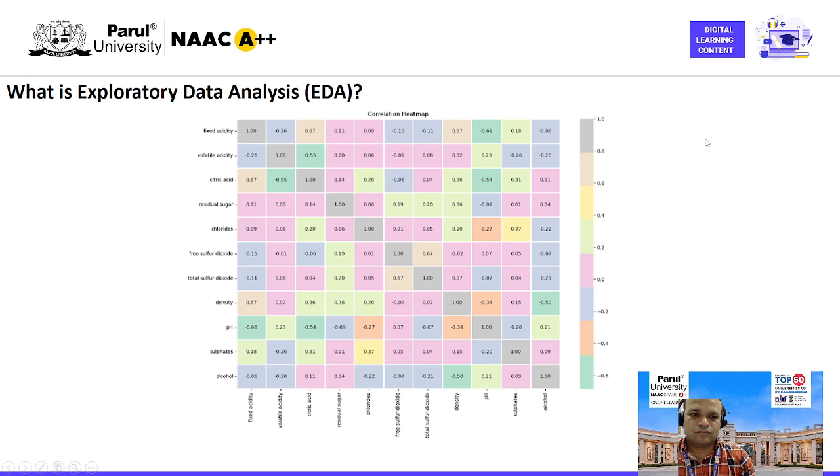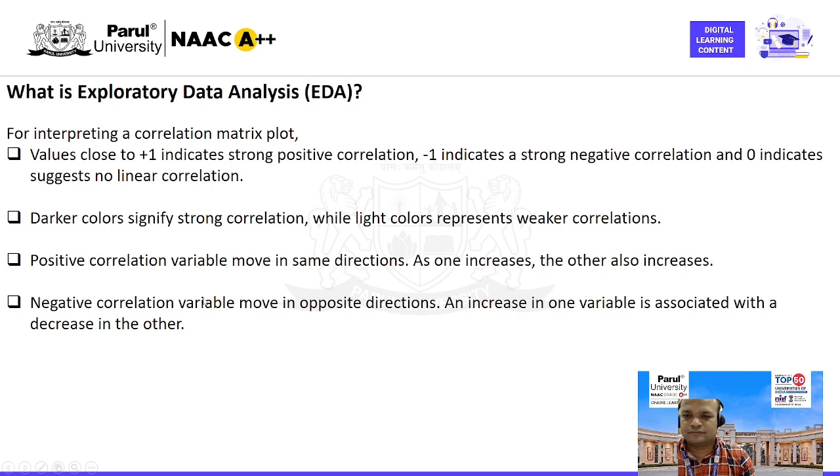Whenever you go down, you can see the color darkness change. If the color is light, that means it has a weak relationship between the features.